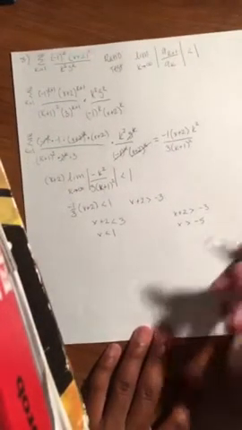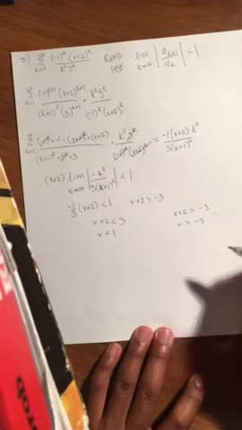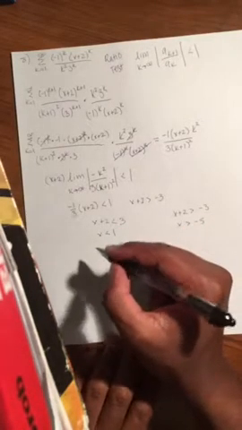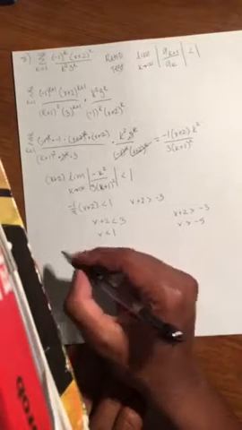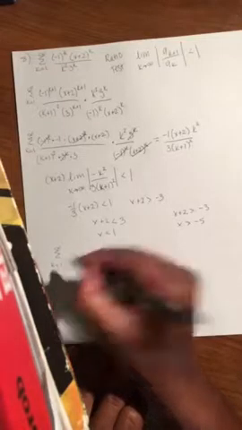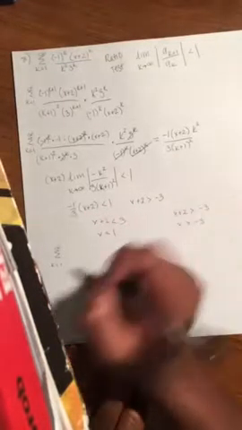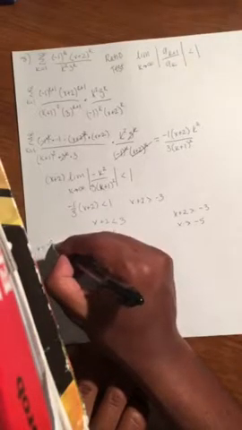Now you have to check the endpoints to see if they should be included in your interval. To do that, you start with the original series. I'm going to do x equals -5 first.